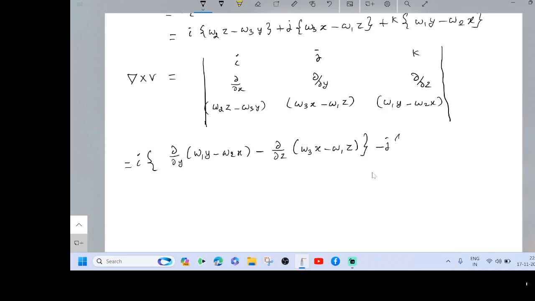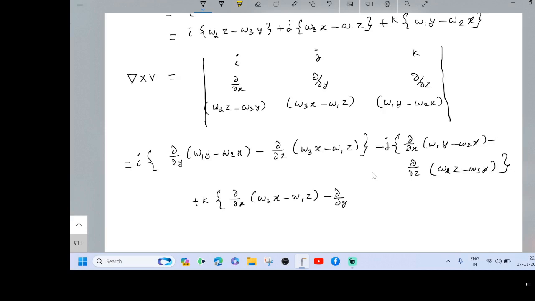Then minus j into del by del x of omega 1 y minus omega 2 x, minus del by del z of omega 2 z minus omega 3 y, plus k into del by del x of omega 3 x minus omega 1 z, minus del by del y of omega 2 z minus omega 3 y.